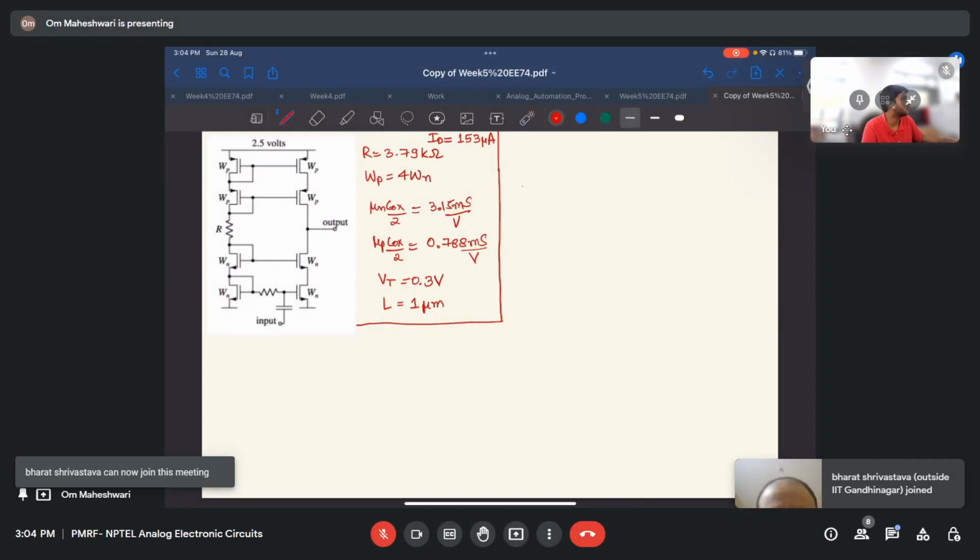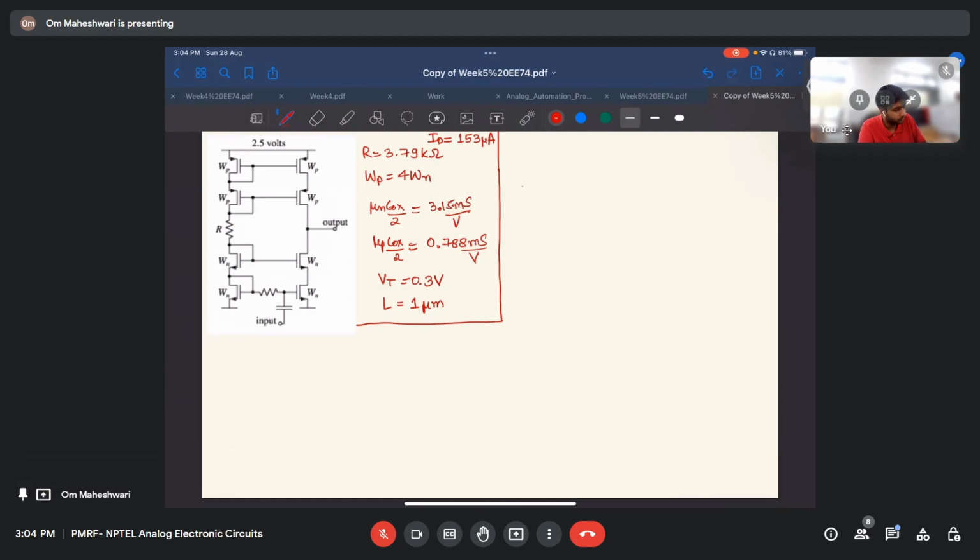If we go from top to down, here it will be source, drain, gate, source, drain, gate, and it will be drain, source, gate. So we will go from here.